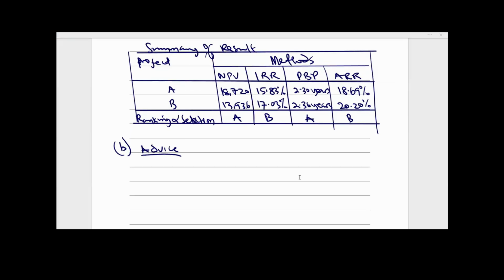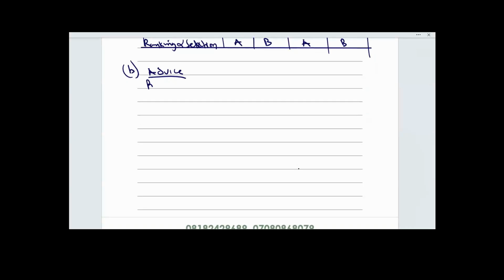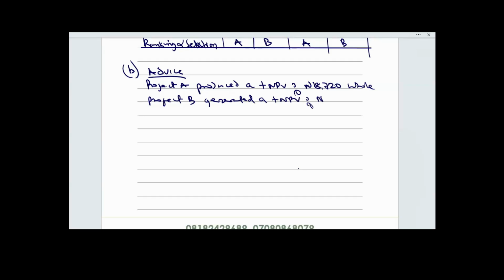So in this case, I would say project A produced a positive NPV of 18,327.20, while project B generated a positive NPV of 13,936.